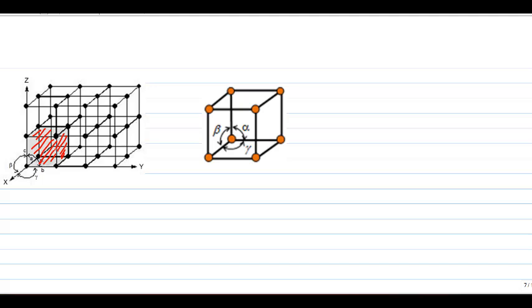And now we can define this X, Y, and Z axis in this manner. Okay. So here the basis vectors would be the edge length of the unit cell.